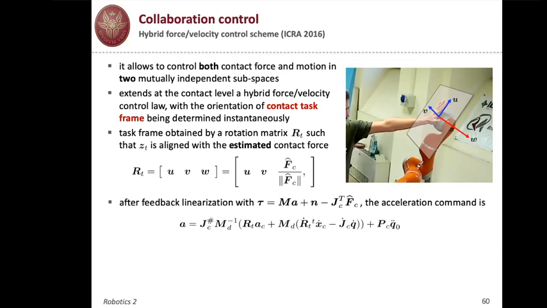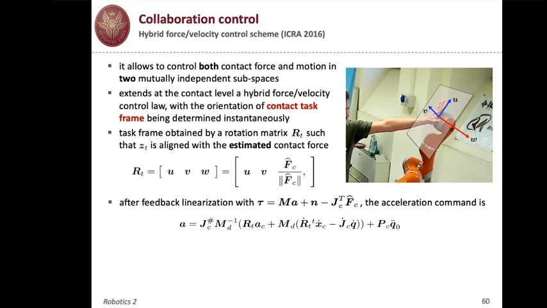Now the controller, here I'm giving just a few formulas. It goes through feedback linearization at the joint level. So you see that we are canceling with n all the Coriolis, centrifugal, and gravity terms. We are canceling the estimated force because we don't have a force torque sensor to measure this contact force.